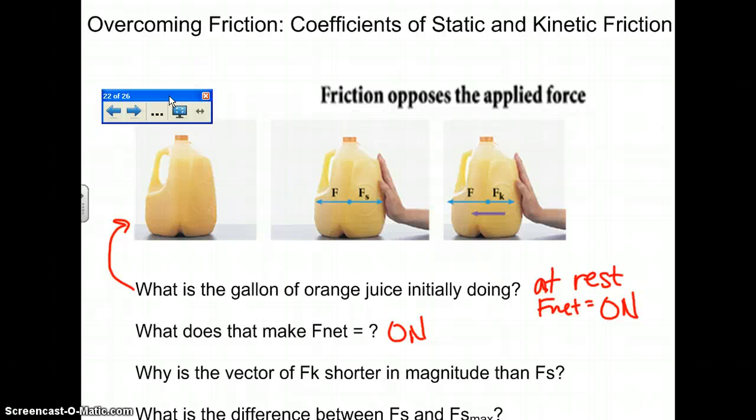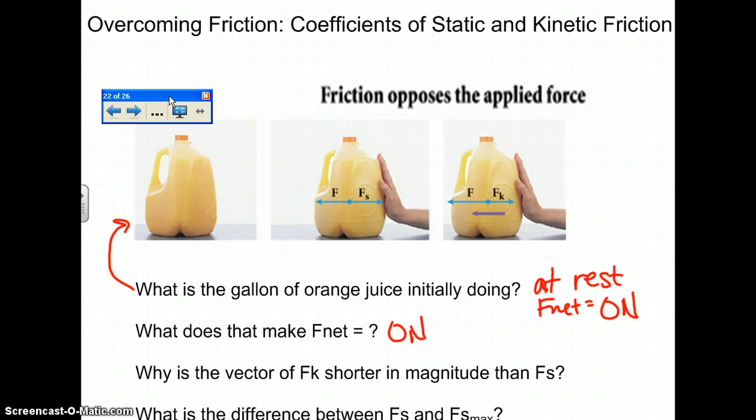Well, I'm moving, I'm going to continue moving. Object in motion wants to stay in motion. Now its inertia is, for lack of a better term, lighter than when it was at rest. Agreed? Because now you have it in motion and you are applying that force. So it doesn't take as much force to keep an object moving as it does to get it moving. Therefore your Fs values should be greater than your F of K values.